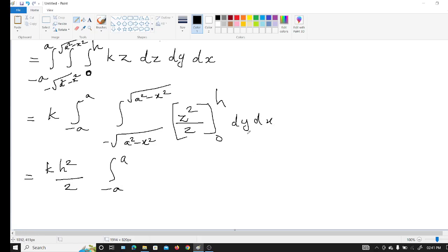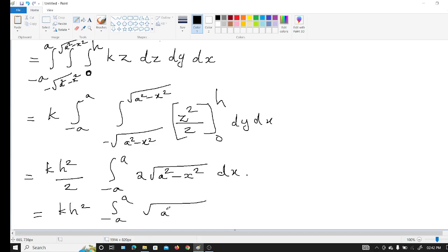Integrating with respect to y and putting in the limits gives 2 times root of a square minus x square dx. So this equals k h square times the integral from minus a to a of square root of a square minus x square dx.